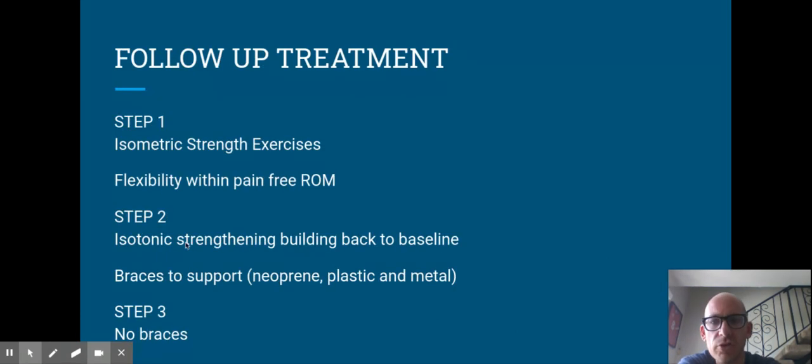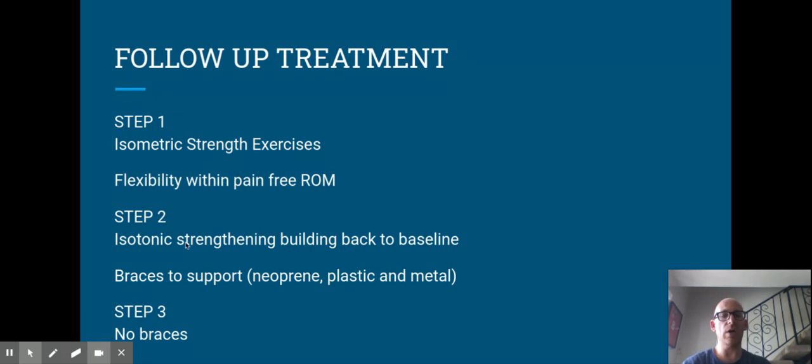Okay, follow-up treatment. This is kind of the protocol you want to follow. The first thing is you want to do isometric strength exercises to hold on to the strength you have in the muscle surrounding that joint. So what isometric means is contraction of the muscle without movement of the joint.